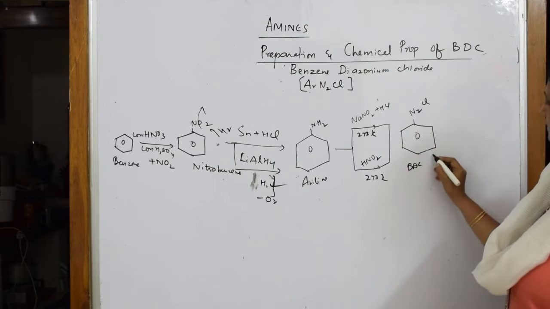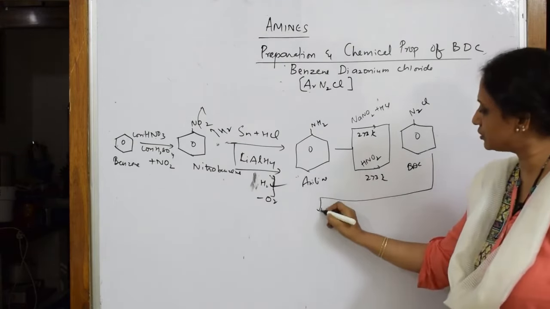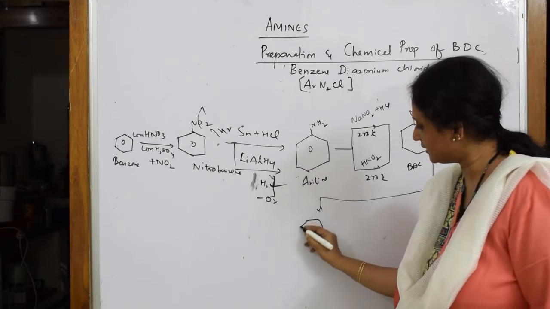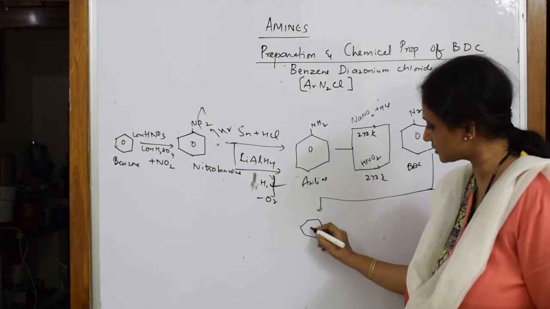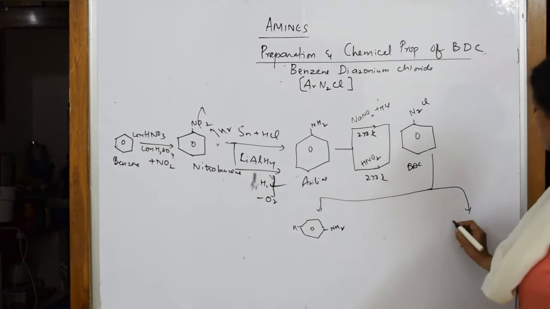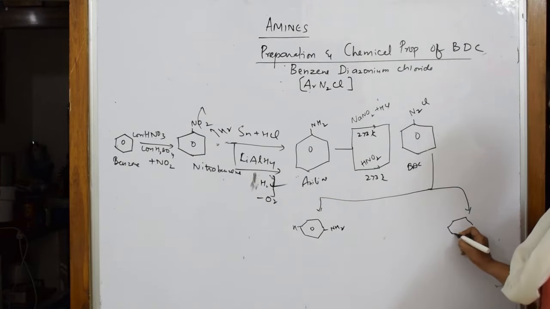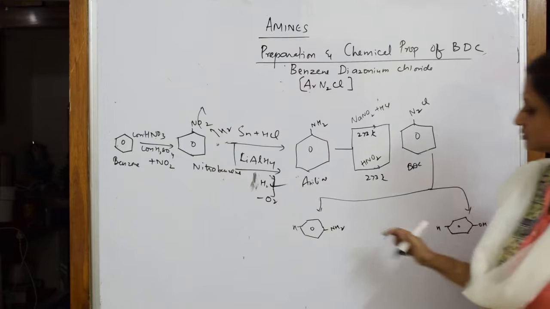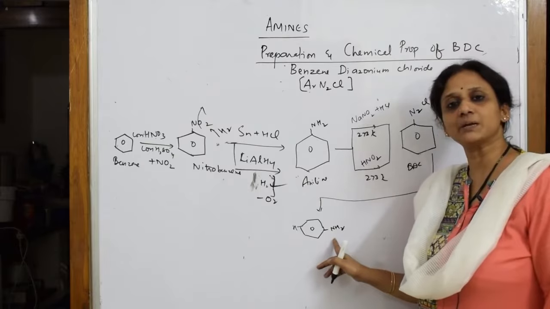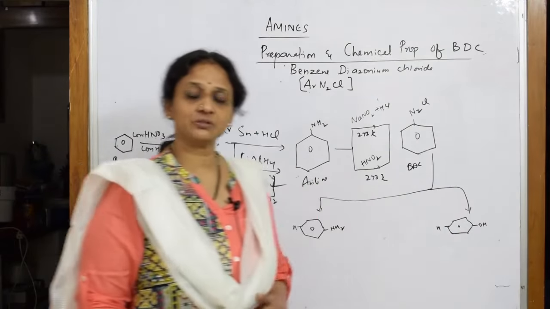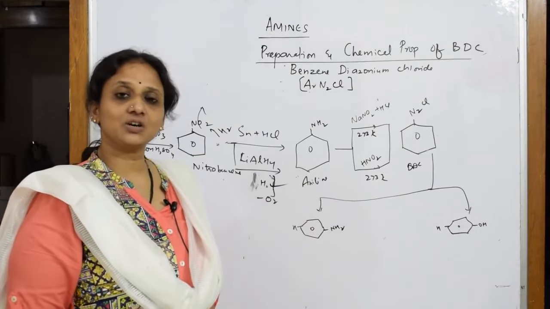Now BDC, suppose I am going to introduce two important things. I am going to take aniline, and now this is your hydrogen. Now I am going to take phenol. When BDC reacts with aniline, with the amine in the para position, and when BDC reacts with phenol, with OH in the para position, such reactions are called coupling reactions.